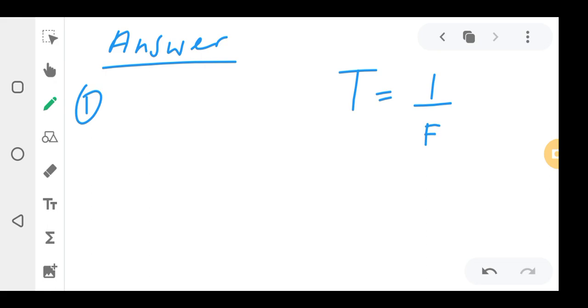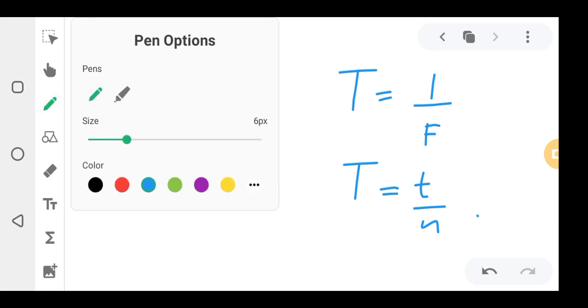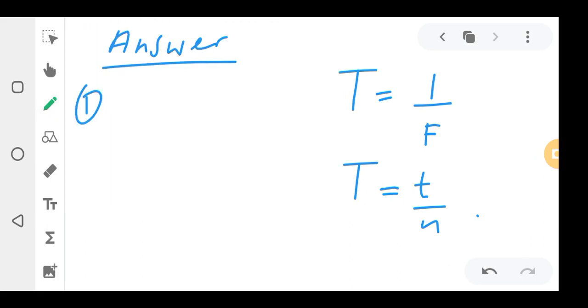The other formula for period is a capital T, followed by a small t, and then N. You select which of the 2 formulas you are going to use. However, this time you are going to use this type of formula.